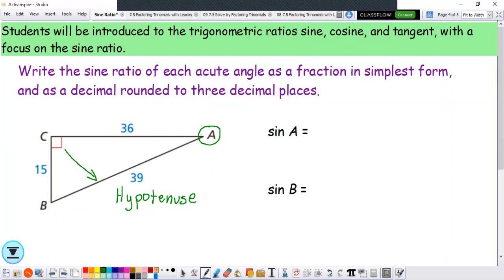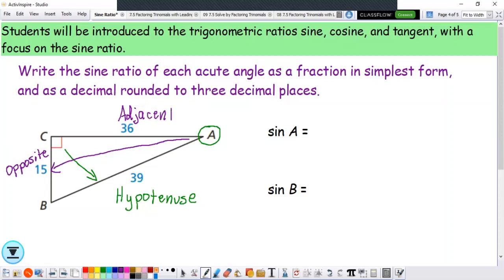Now, when it comes to angle A, the side across from it is the opposite side. And then the 36 is going to be the adjacent side.